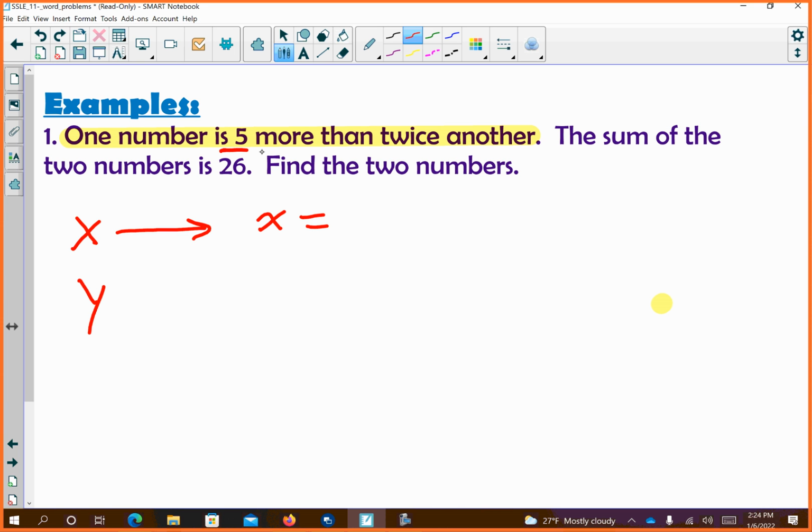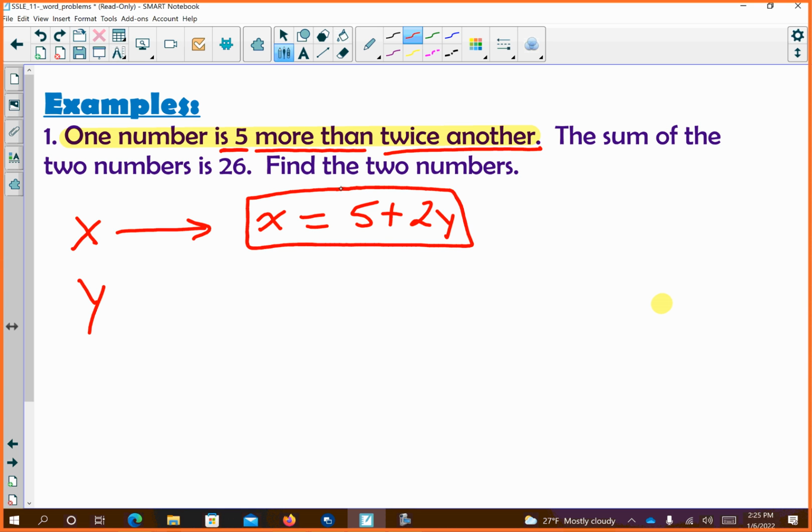How do I do 5 more? I'm adding, so I'm going to go 5 plus something. And then, how do I do twice another? There is a times 2, but what's times 2? Y. Very good. So this is going to be one of our equations.